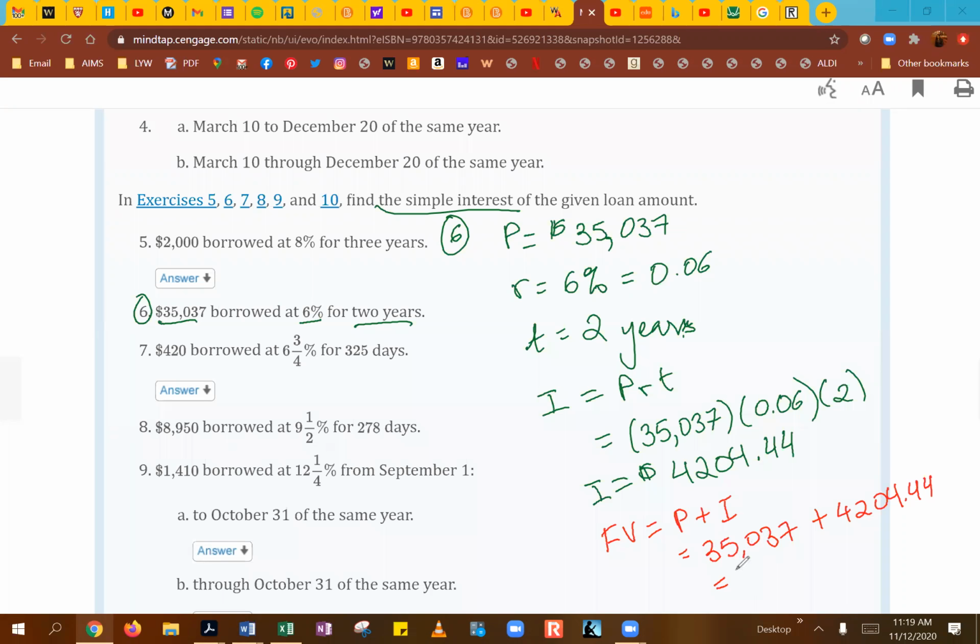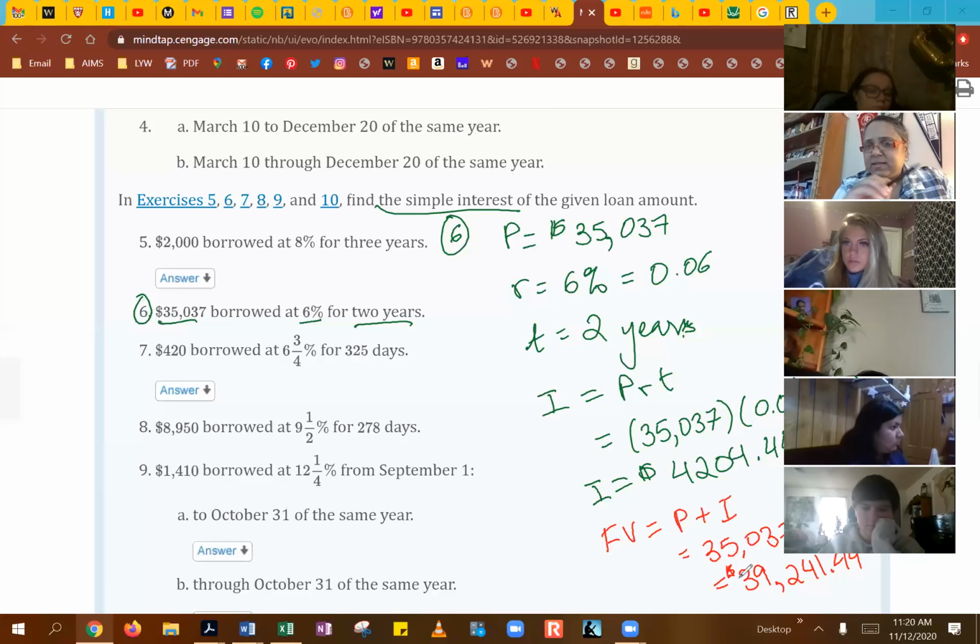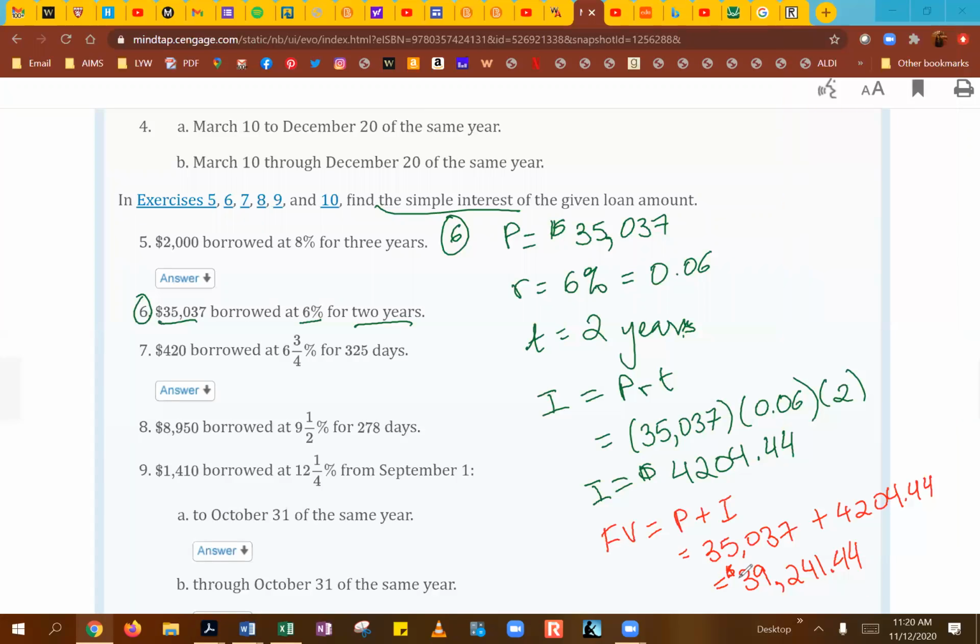Very nice. 39,241 and 44 cents. So this would be your future value. Alrighty, very good. Everybody okay with that? Just a simple, straightforward example.